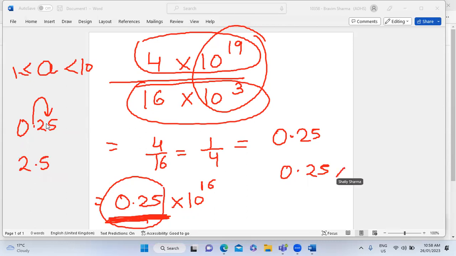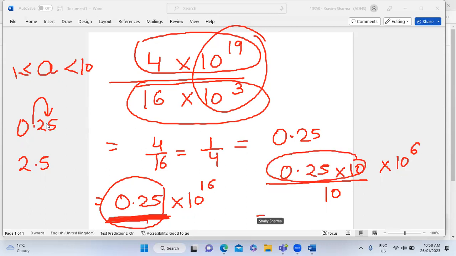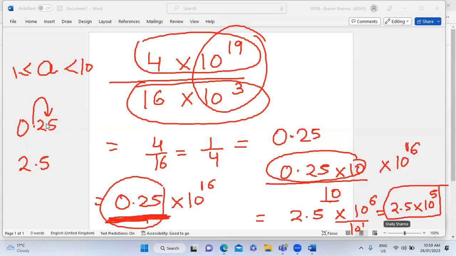So I will times it by 10, and to keep the number as it is, I will divide by 10 also, and this is times 10 to the power of 16. This part will be equal to 2.5 times 10 to the power of 16 over 10 to the power of 1, which is 2.5 times 10 to the power of 15. I applied the index rule here and I got this answer, and this answer is in standard form. Thank you.